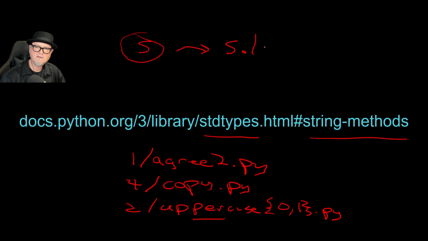Well, if you implement dot lower, the object lower gets applied to the data object in your name. Now, this is at least one way that object-oriented programming is implemented in Python.